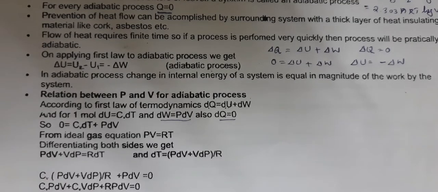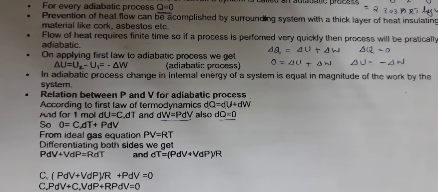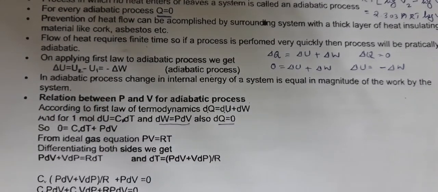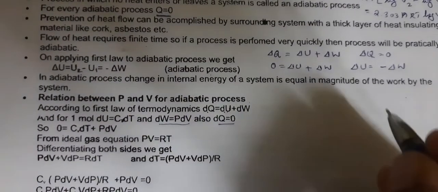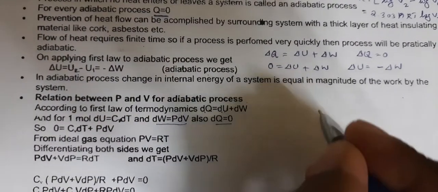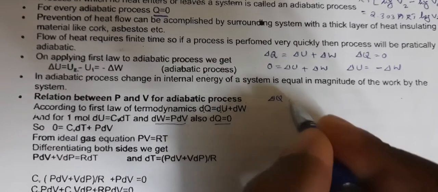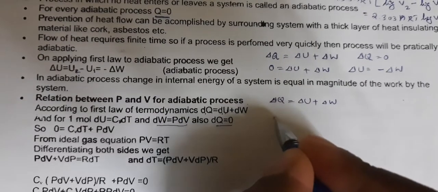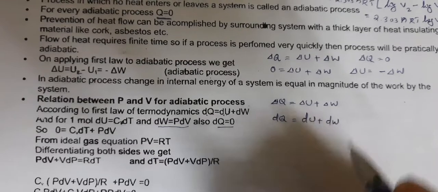Let's see how the energy relation comes for this kind of adiabatic process. Let's go back to the first law of thermodynamics once again, which says delta Q is equal to delta U plus delta W, or dQ is equal to dU plus dW.